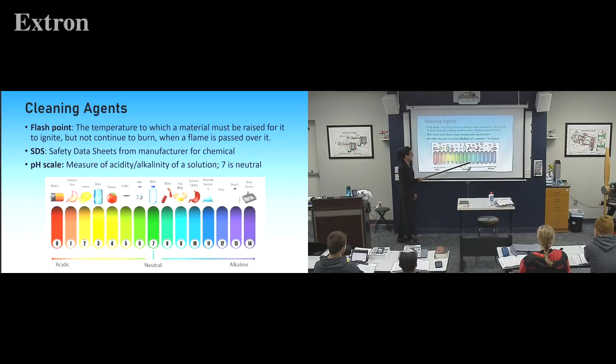And then the higher the number is above 7, the more alkaline it gets. And the lower the number, the more acidic it gets. So a curious thing, stomach acid is almost as acidic as battery acid. Whew, you've got to walk around with some hazardous stuff in you.